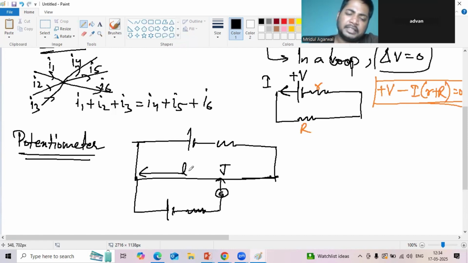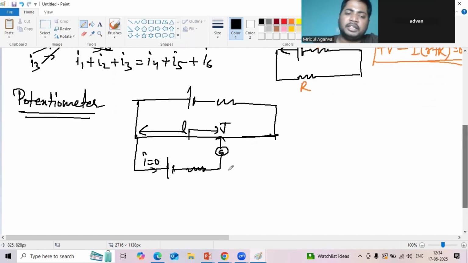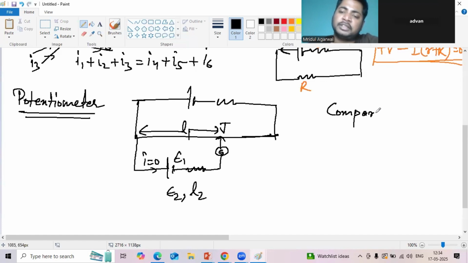This is your balancing length when there is no current through this branch, when the current in this branch is equal to 0. Suppose you similarly do it for epsilon 2 and get, let's say, L2. Then you can compare the two EMFs, and you will get E1 over E2 equals L1 by L2.